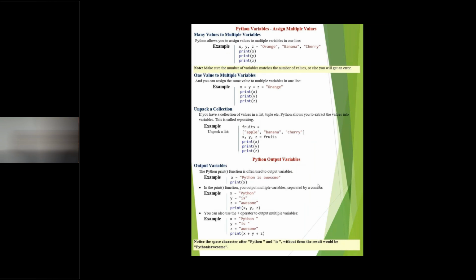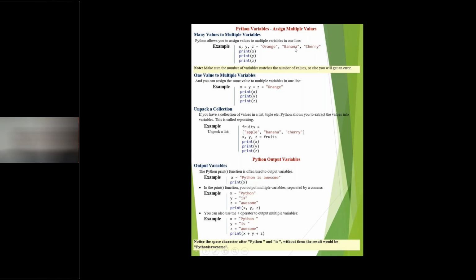And coming to assigning multiple values to different variables, like here, many values to multiple variables. The first type is Python allows you to assign values to multiple variables in one line. This is not possible in any other languages, only in Python. See here, x, y, z is equal to, we have defined different values to different variables in a single line.